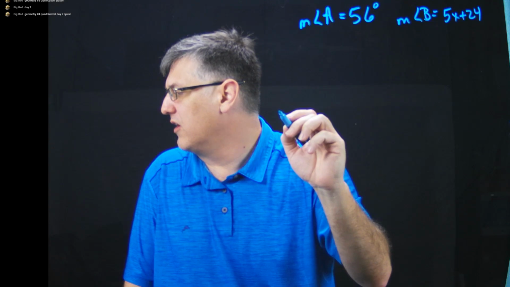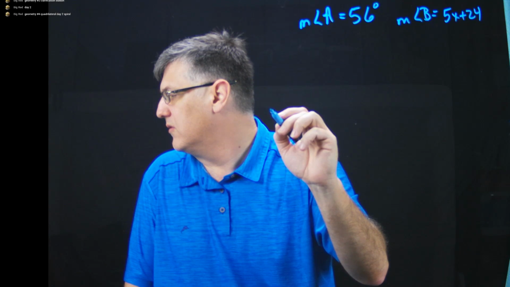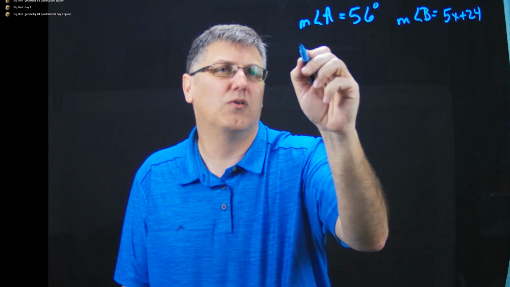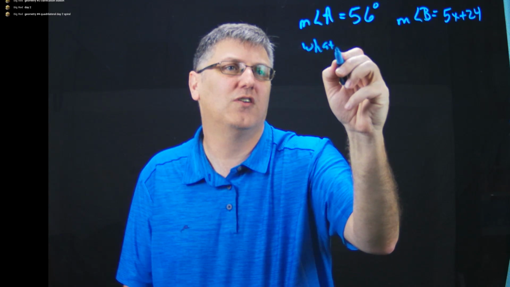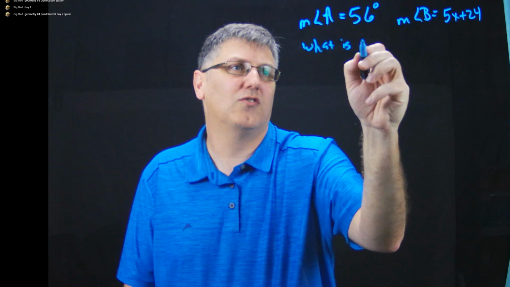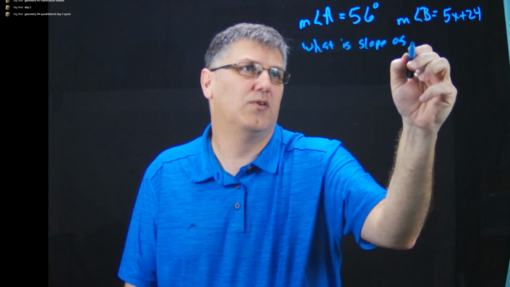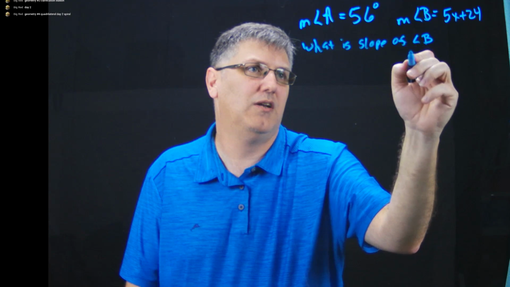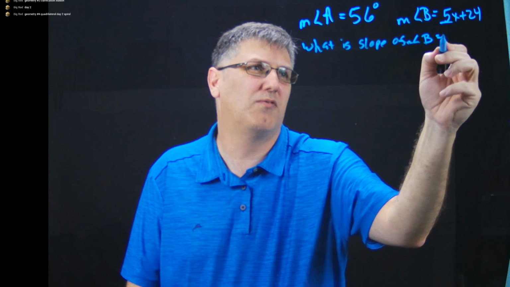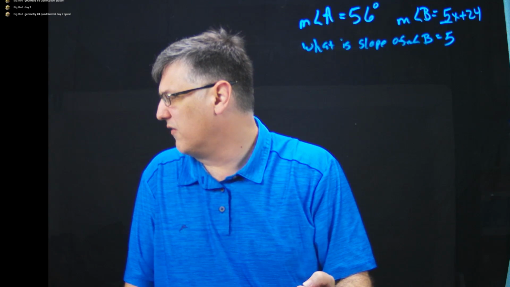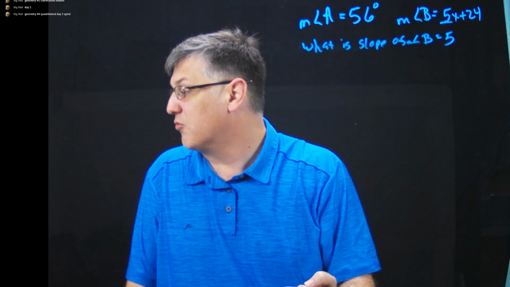I think he means what is the slope. So I'm going to assume it's just what is the slope of angle B, which in that case is going to be 5. Not real sure on that part of it. And then just what is the measure of angle B?